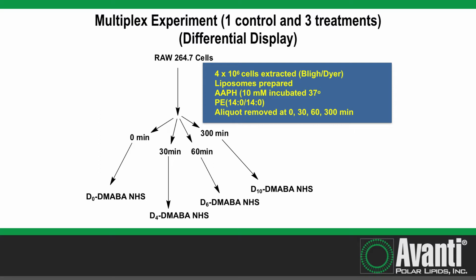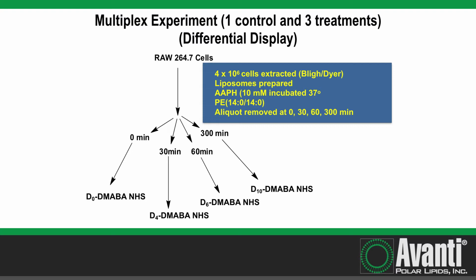We add to this mixture a reporter internal standard, and you'll see the importance of this later, PE 14:0, 14:0. Then at various time points, 0, 30, 60, 300 minutes, we take aliquots out of this mixture, and then we subject them to the derivatization strategy.